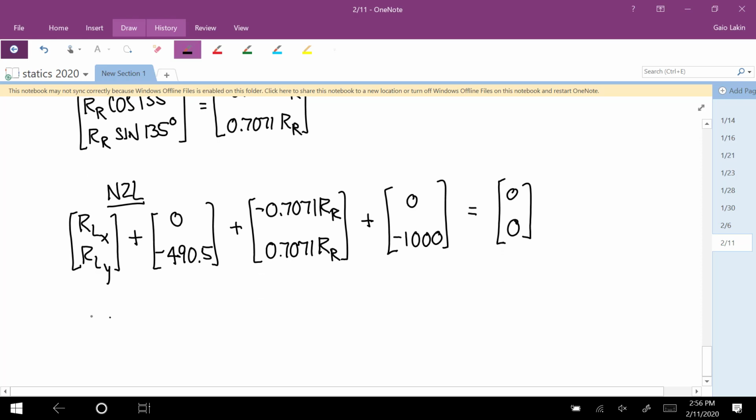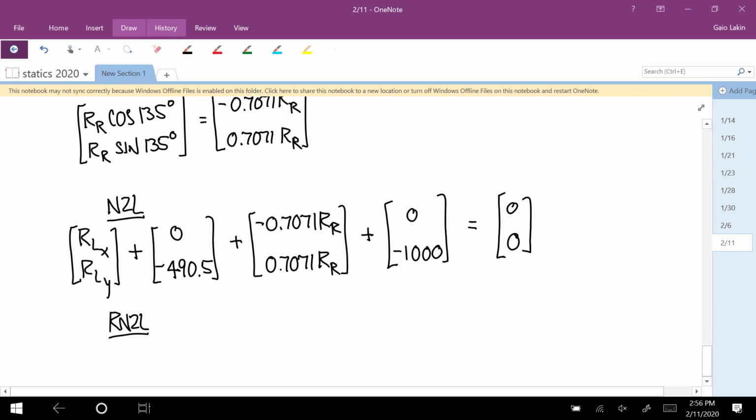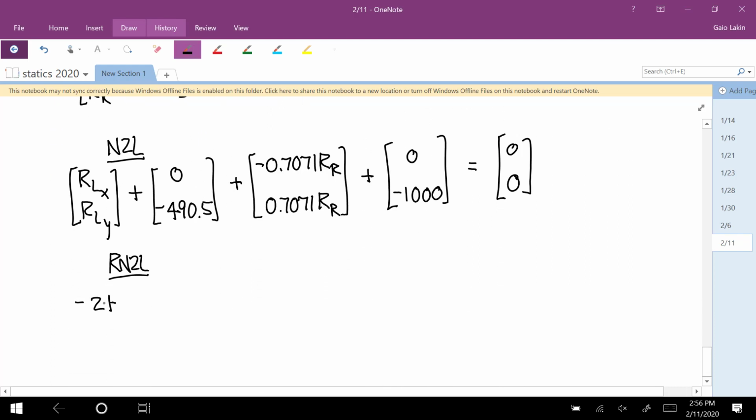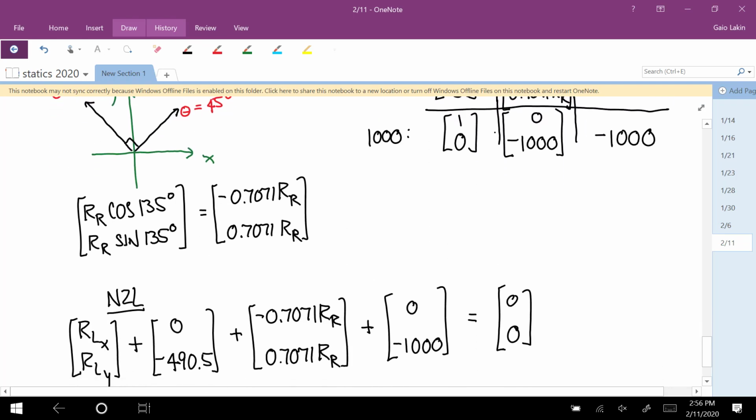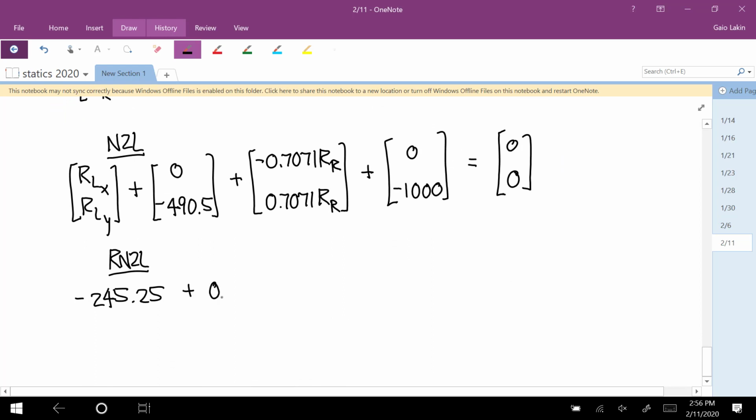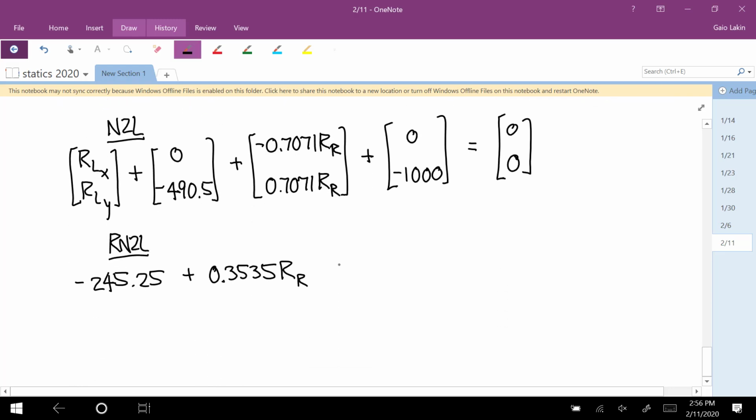And now the moment equation says negative 245.25 plus 0.3535 RR minus 1,000 is equal to 0. So you can use the moment equation right away to solve for RR.